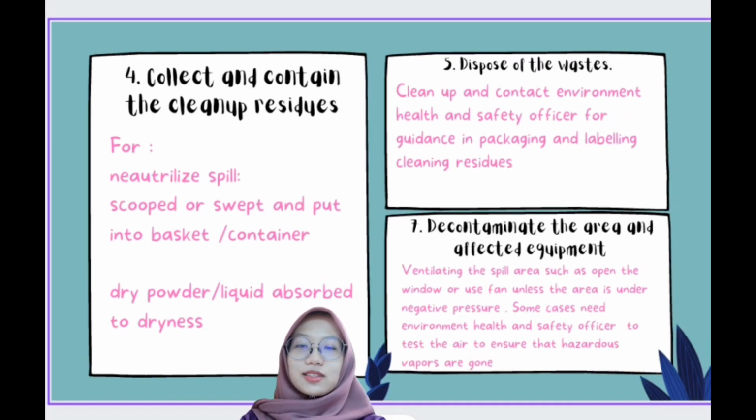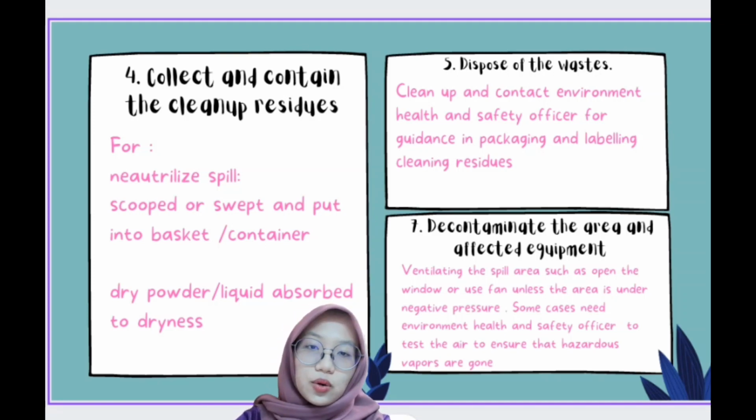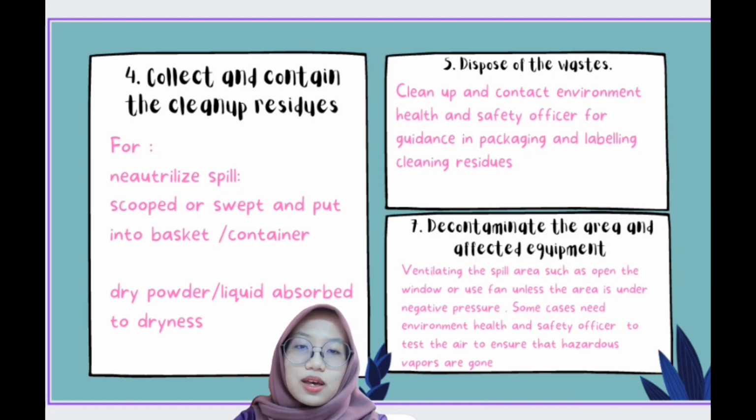The fourth step is to collect and contain the cleanup residue. For a neutralized spill, scoop or swab it and put it into a basket or container. For dry powder or liquid, absorb it to dryness. The fifth step is to dispose of the waste. Clean up and contact the environmental health and safety officer for guidance in the packaging and labeling of cleanup residue.